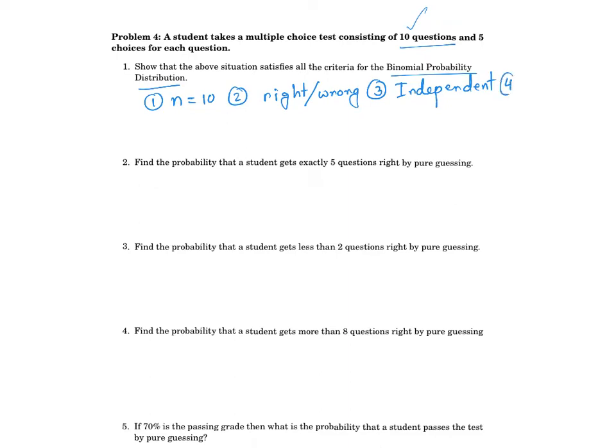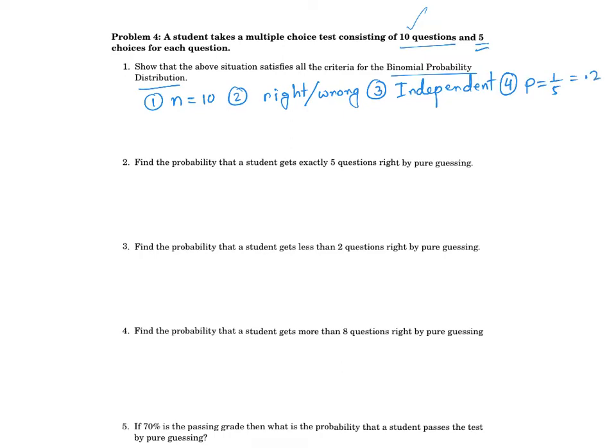No 2 questions depend on each other. Number 4, probability is constant, or p is constant for each trial, meaning for each question the probability is constant. Of course, there are 5 choices, so your chance of getting one question right by random guessing is 1 out of 5, which is just 0.2.